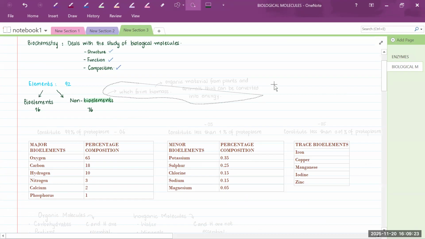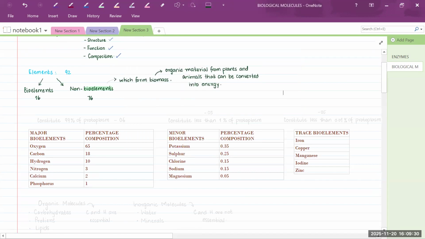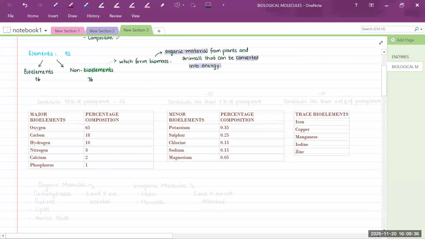And what is meant by biomass? It is organic material from plants and animals that can be converted into energy, right? So what are bioelements? They form biomass. And what is biomass? Organic material from plants and animals that can be converted into energy.